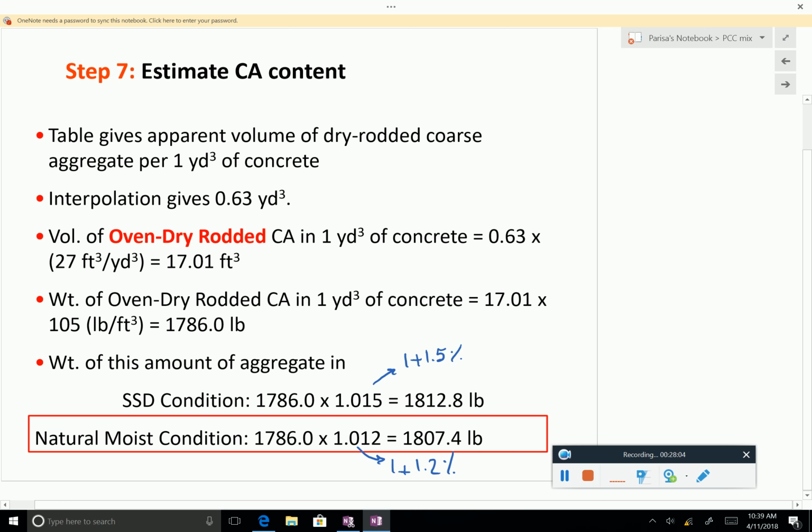You can write this equation like this: MC in percentage plus 1. That's what it is. Nothing different from here. If you just use that equation, you get absolutely the same thing.